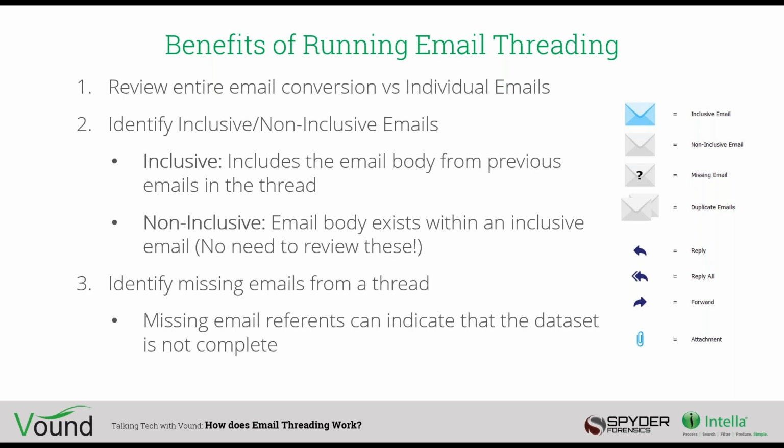And if Intella finds a reference to an email that doesn't exist in your data set, then it's going to mark on the email thread graphic that there is a missing email. And for me, that's always a red flag to say, okay, well, I may not have all the data. So I can go back to my customer and request that they provide the additional data that I'm needing.